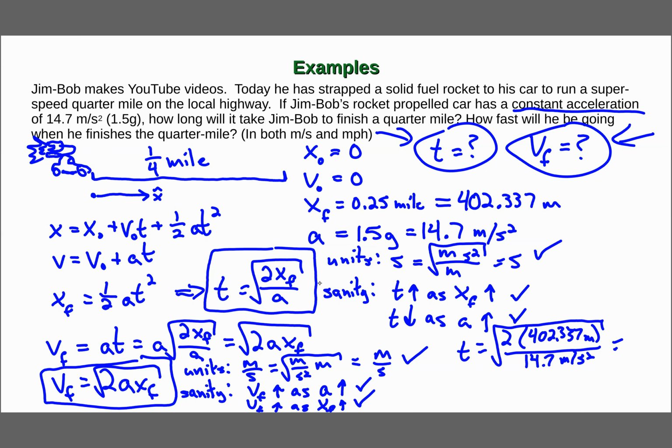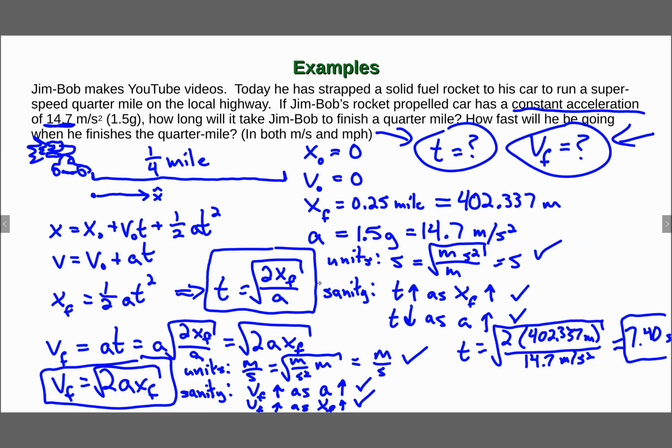And that equals 7.40 seconds. Because remember, here we have three significant figures, so I've done sig figs in the answer here. And 7.4 seconds is a blazingly fast quarter mile, as expected for Bob's rocket-propelled car here.